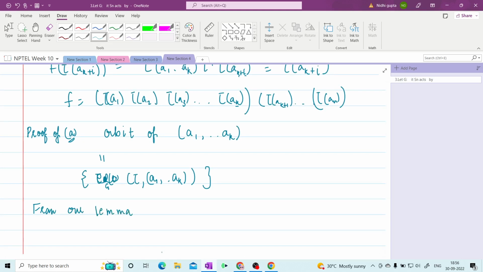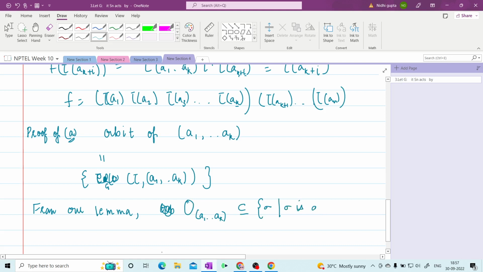we see that the orbit O of this cycle is contained in the set of k cycles, because when we act on this k cycle by tau, we basically get tau sigma tau inverse, which was coming out to be a k cycle.